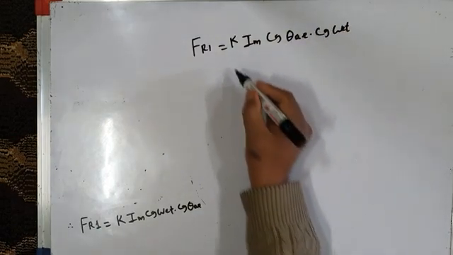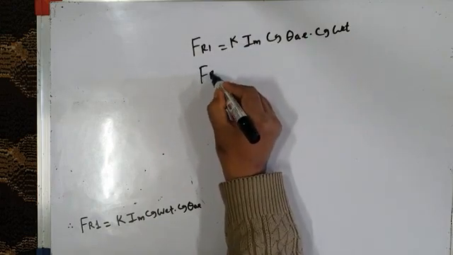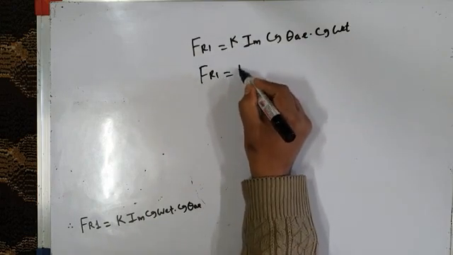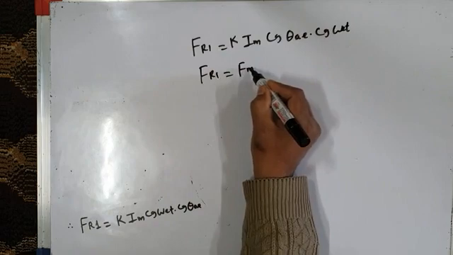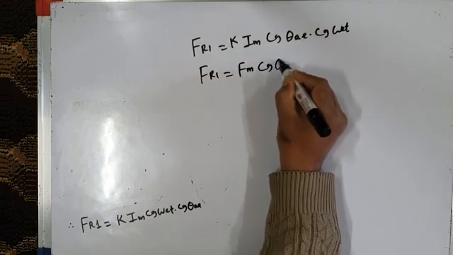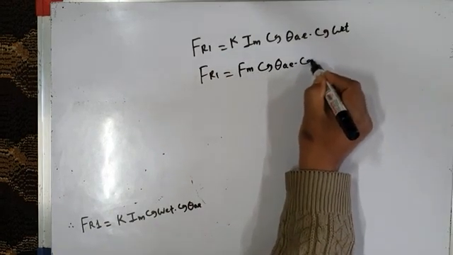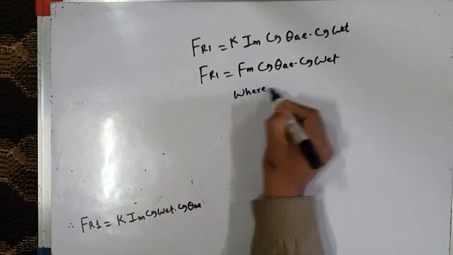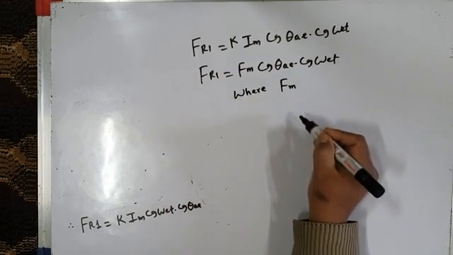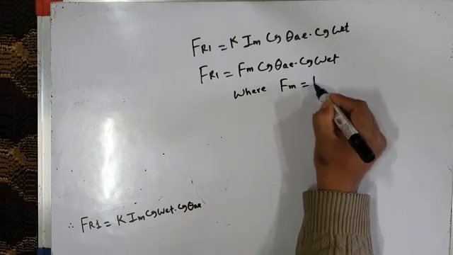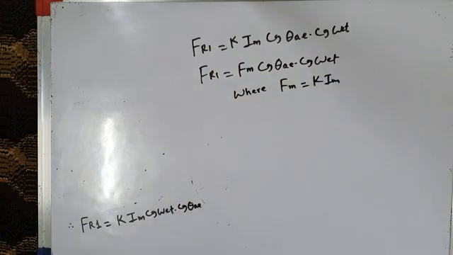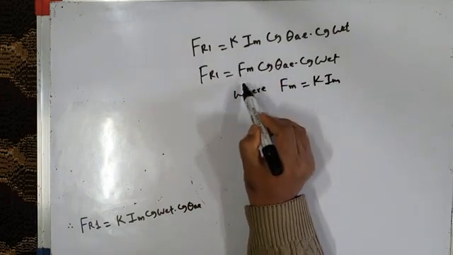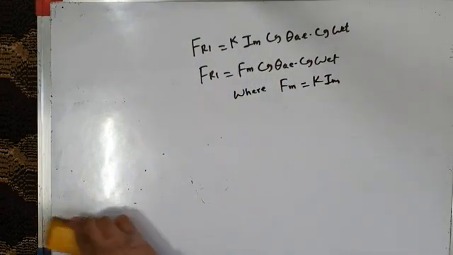So FR1 will be equal to Fm into cos of theta AE into cos of omega ET, where Fm is the peak value of MMF. It is given by K IM. So I am replacing this K IM term by Fm.